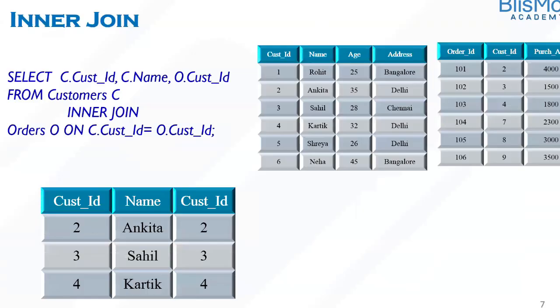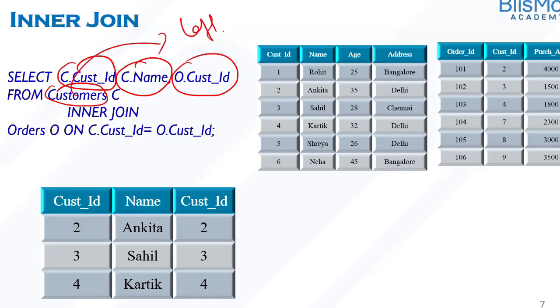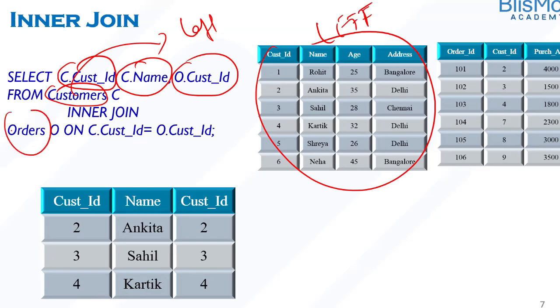See, this is how I'm applying the same syntax. Here I am choosing customer name and customer ID from the customers table. And I am inner joining this customers table, customers is the left table, and orders is the right table.